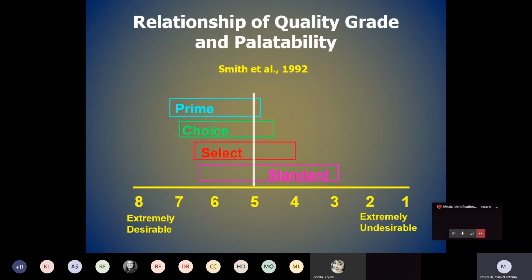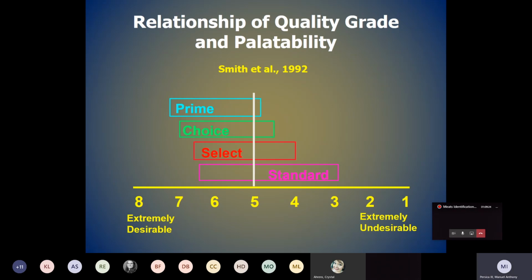This is why quality grade is so important. This is a study that actually was done here, and this just shows the relationship of palatability on a consumer taste panel with quality grade, and I think we can see pretty easy across the standard board that we had a wide variety of acceptability. Then as quality grade went up, we see a shift of desirability going up.